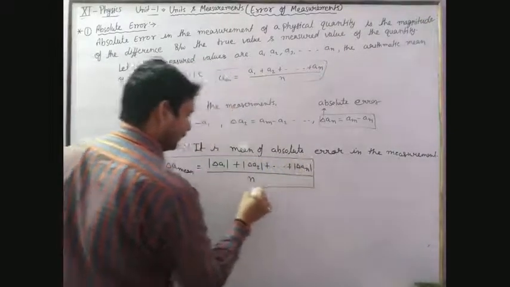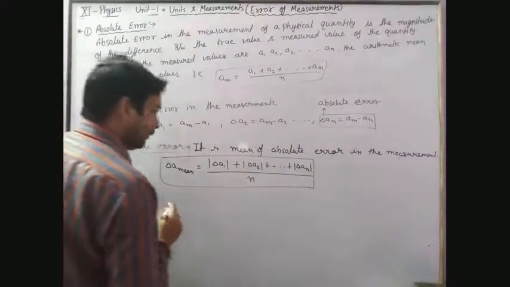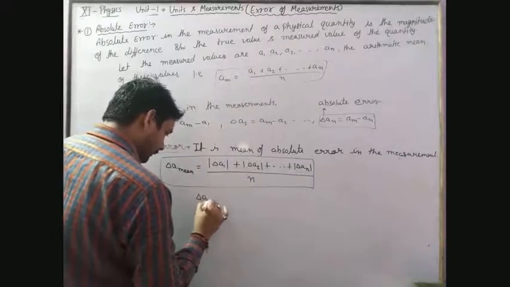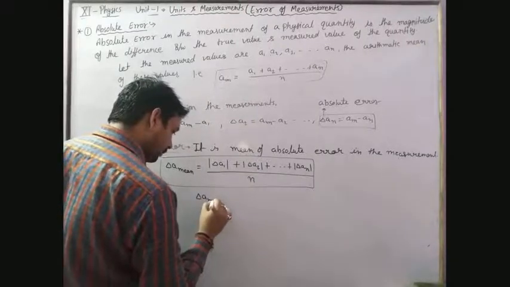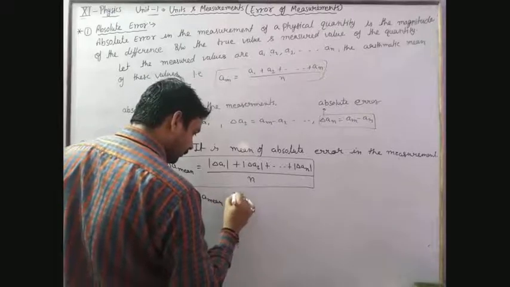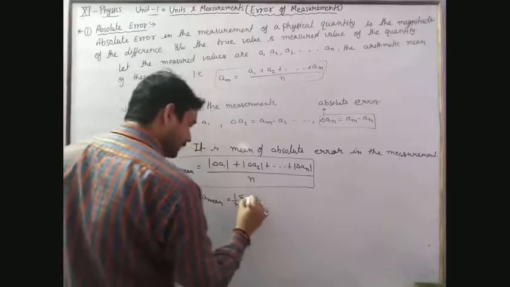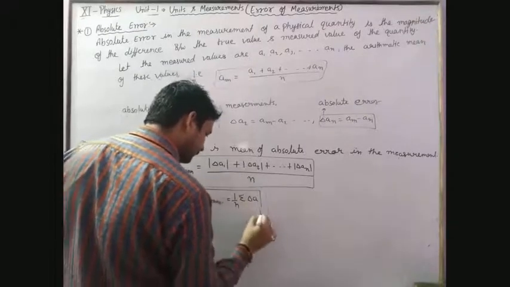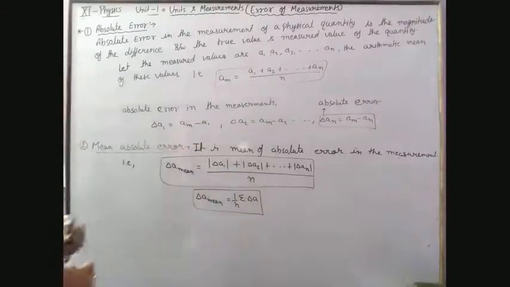Or we can also say that mean absolute error is equal to 1 upon n summation of mod del a.